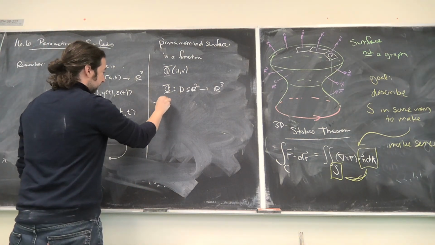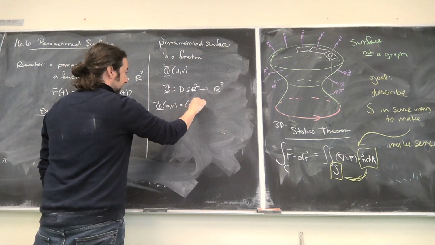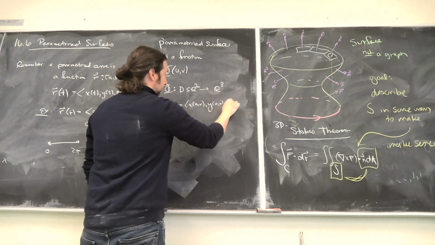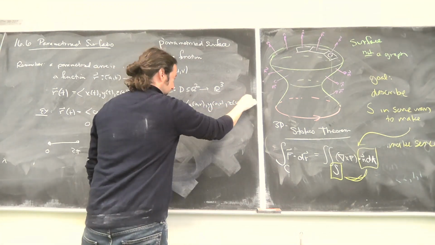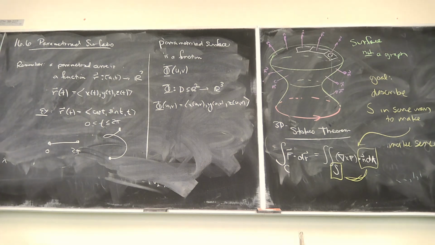So capital Phi of u and v is a map that produces an x of u and v, a y of u and v, and a z of u and v. So it eats two parameters and produces a three-dimensional thing.